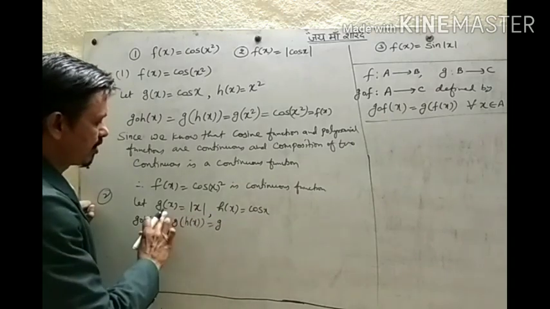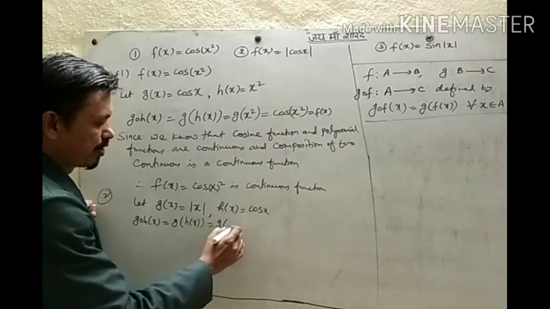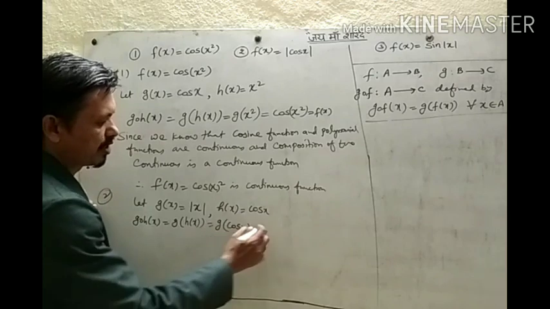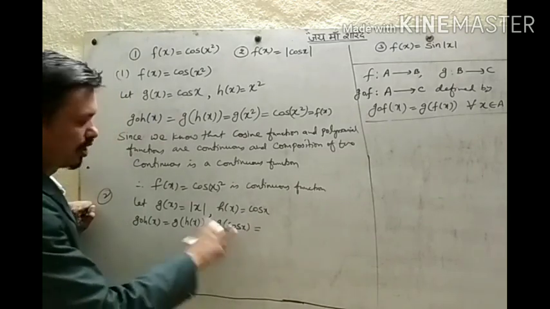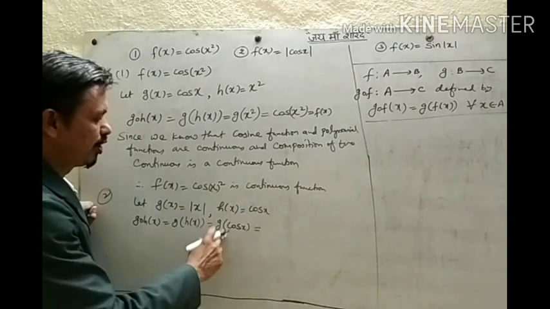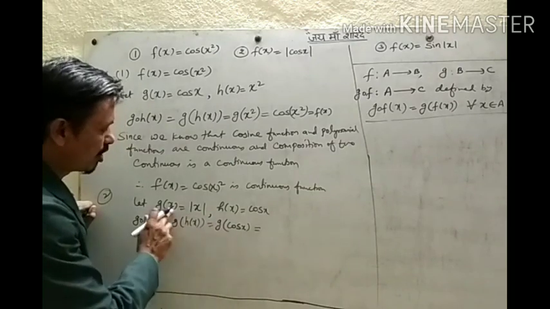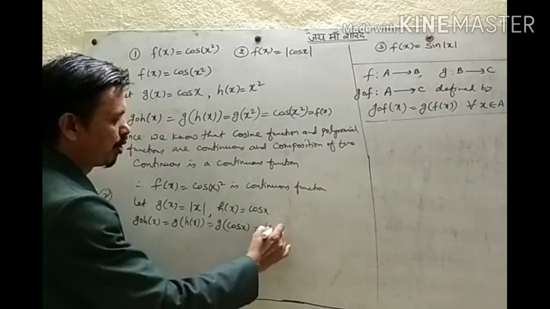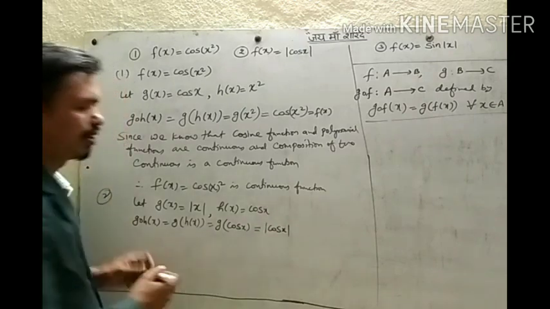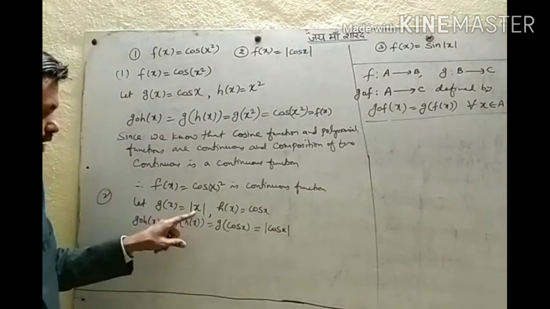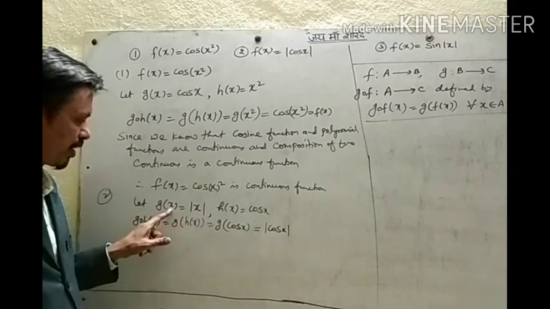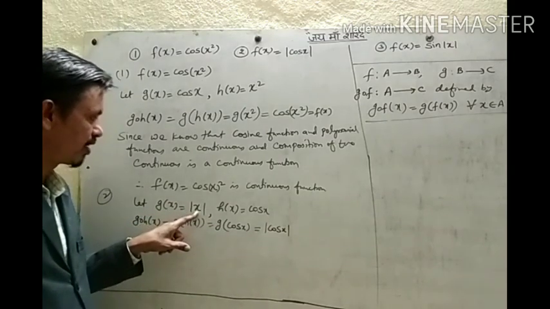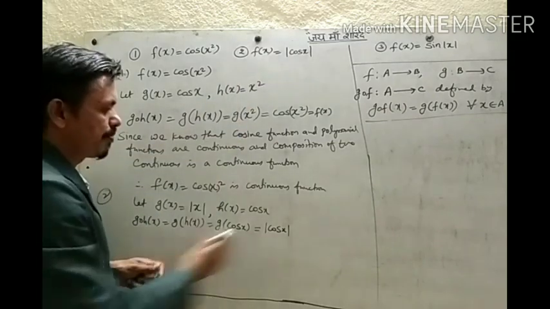Since h of x is cos x, g of cos x is mod of cos x, which is our given function.